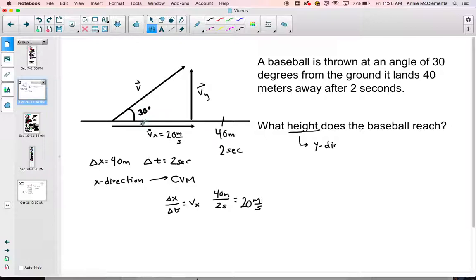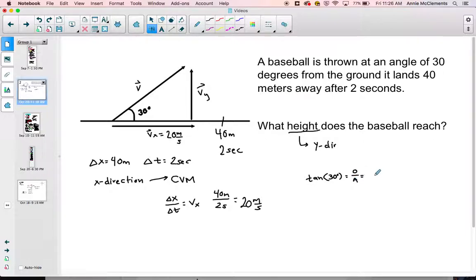So we have 30 degrees here, and we have the length of the vector adjacent to that 30 degrees. So we could use something like the tangent of 30 degrees, which equals the opposite side of a triangle over the adjacent.